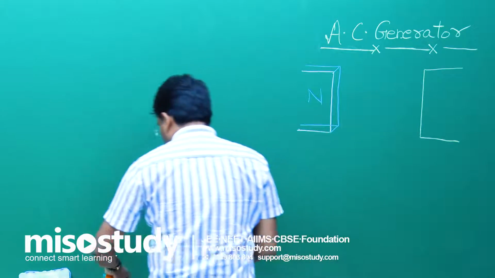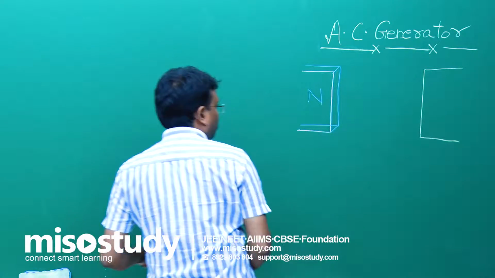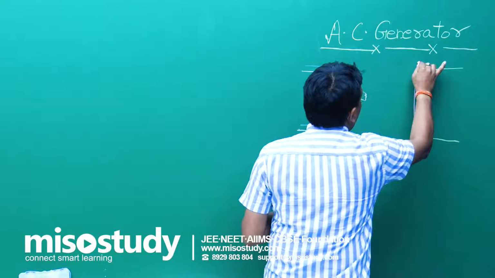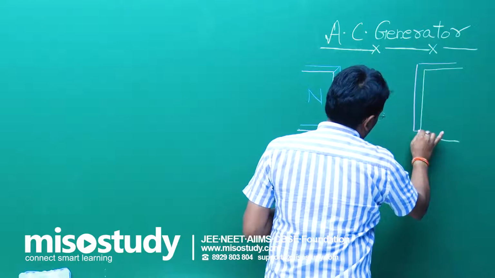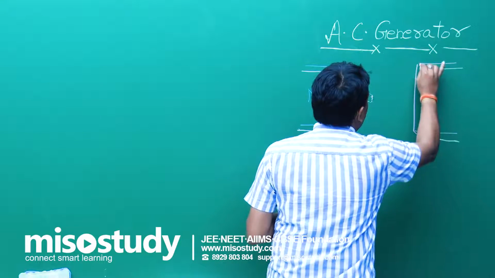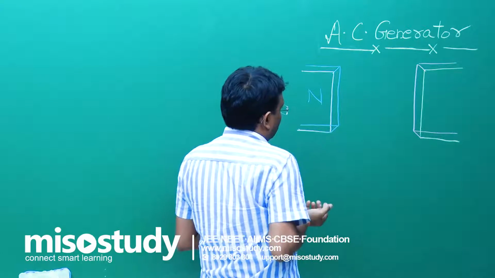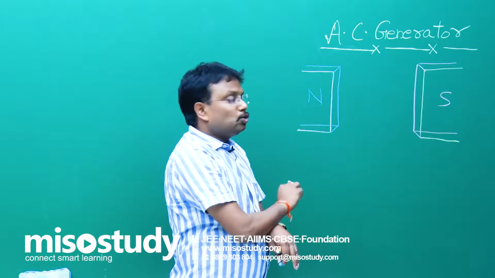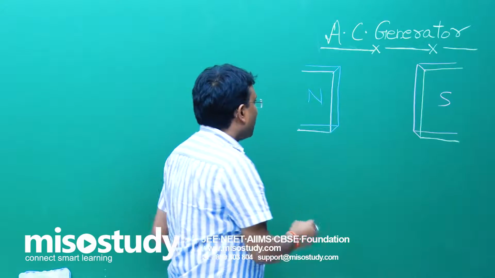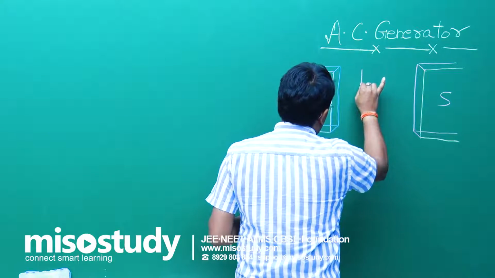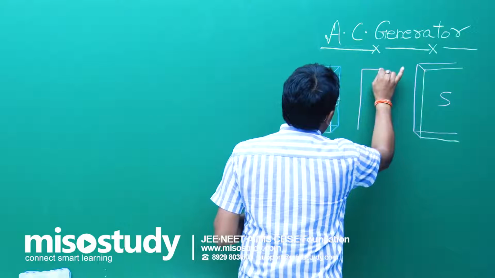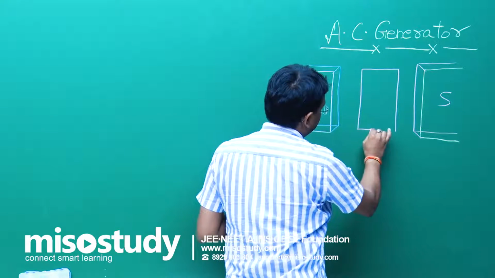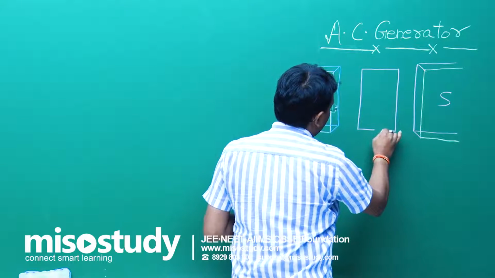Basically they are curved, and I should draw them like that, but for understanding it is really not a problem. And this is, let us say, the south pole. So, now you can say two poles of a big magnet, and in between there is a rectangular shaped coil. The coil shape may be of any type, no problem.